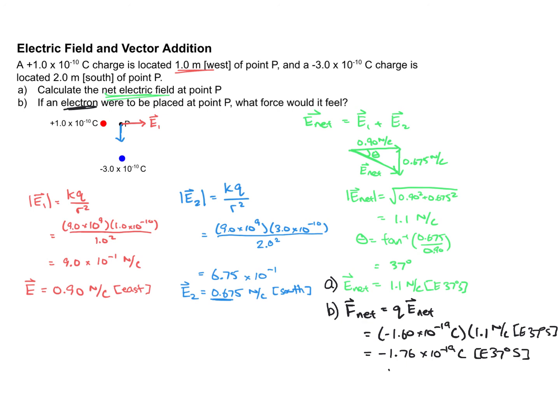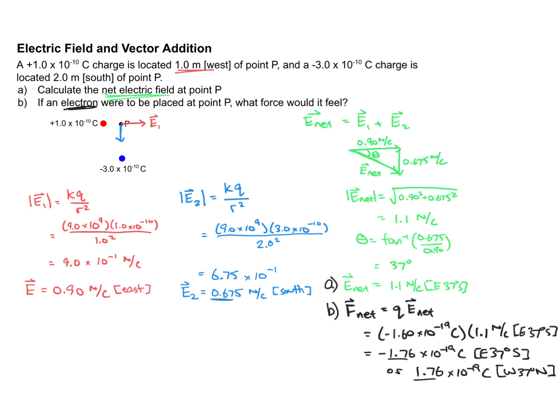Or if I want to write it as a positive force, it's the 2 sig figs, by the way. If I want to write it as a positive force, I can do that. Just have to flip the direction. So east 37 south becomes west 37 degrees north. East flips to west, south flips to north. And that would be the force that an electron would feel.